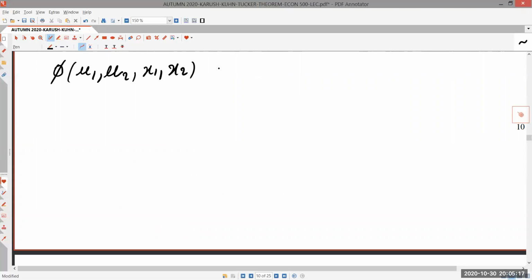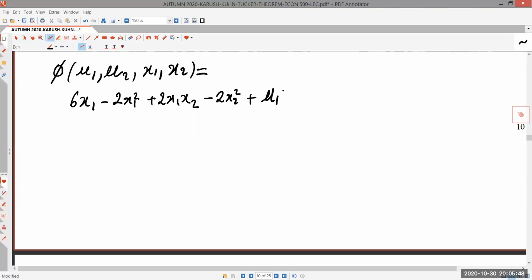And what I need to look at is the first order conditions, and this is the objective function. 2 times x1 squared plus 2 times x1 x2, and there is mu1.